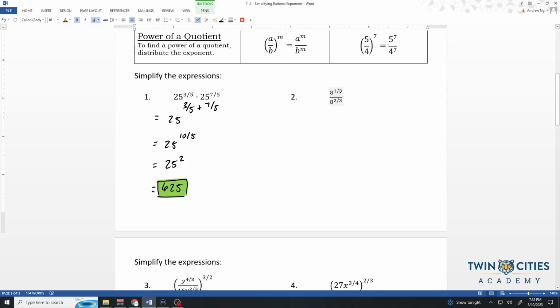Next one, 8 to the 1/3 over 8 to the 2/3. Just like I multiplied these together and really added their powers, here I'm dividing, so I'm going to subtract. This is going to be 8 to the 1/3 minus 2/3.